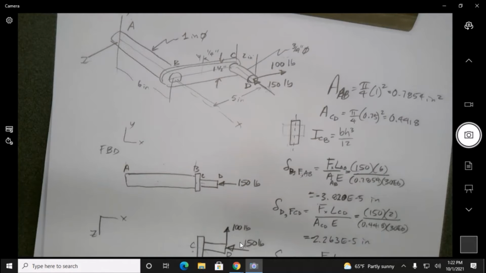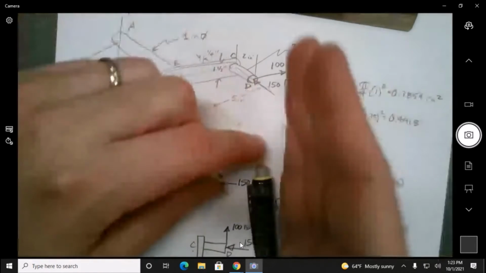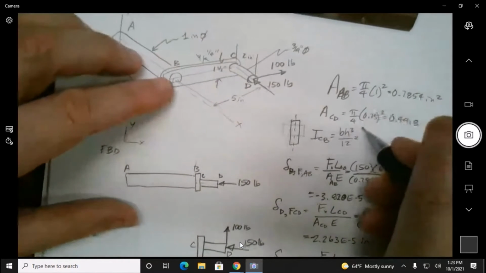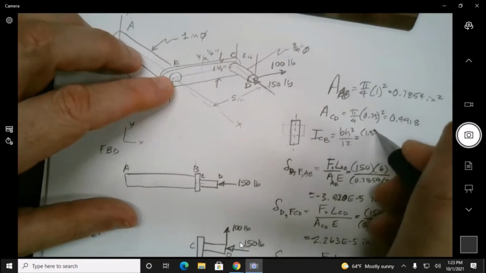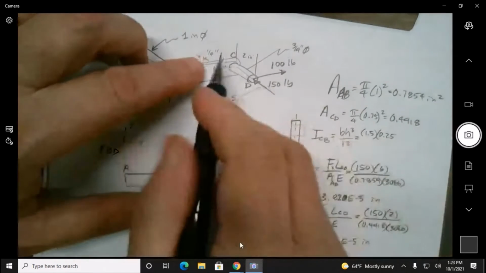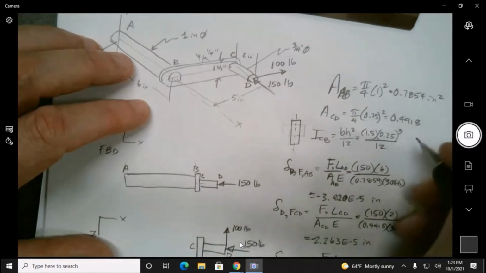That'll be the larger of the two choices that we have. That's just one way of looking at it, but you could also just picture that it's bending about this axis right here. So in that case, this is the base. The base is 1.5, whereas the height is 0.25, because of that 1/4 inch, cubed over 12.